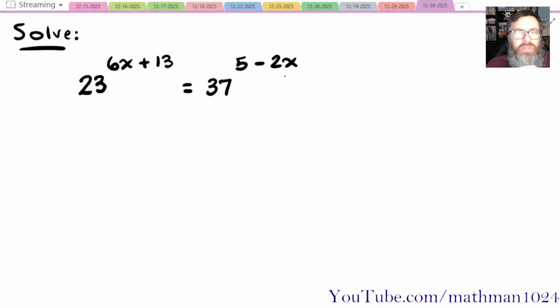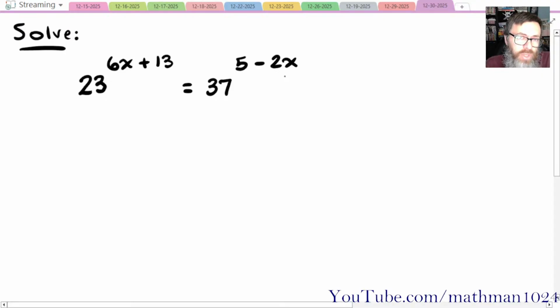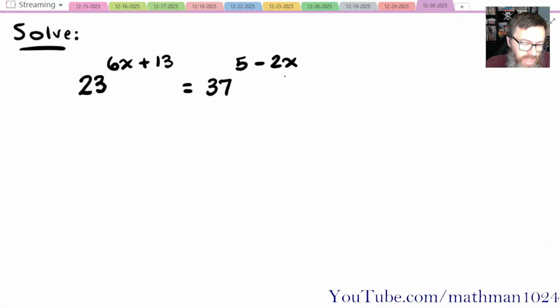Okay, deep breath. First, recognize the kind of equation you have. This is an exponential equation because you have x's in the powers. And again, when you're writing this, make sure that you are clearly designating that 6x plus 13 and 5 minus 2x are powers. It's a superscript. Okay, so it's exponential. What do we do here?